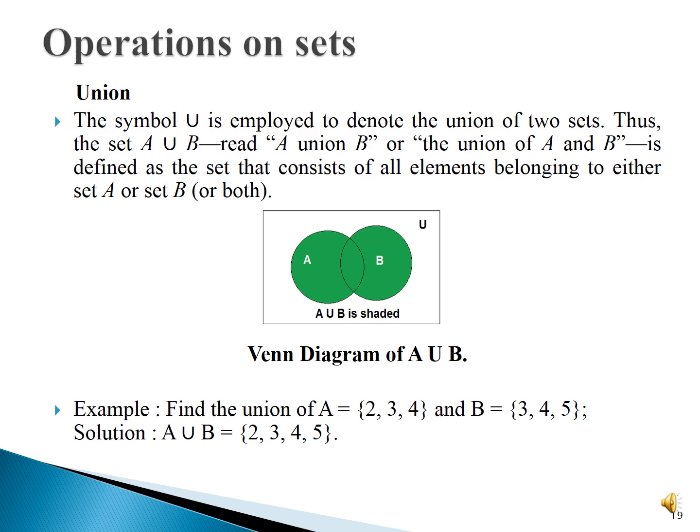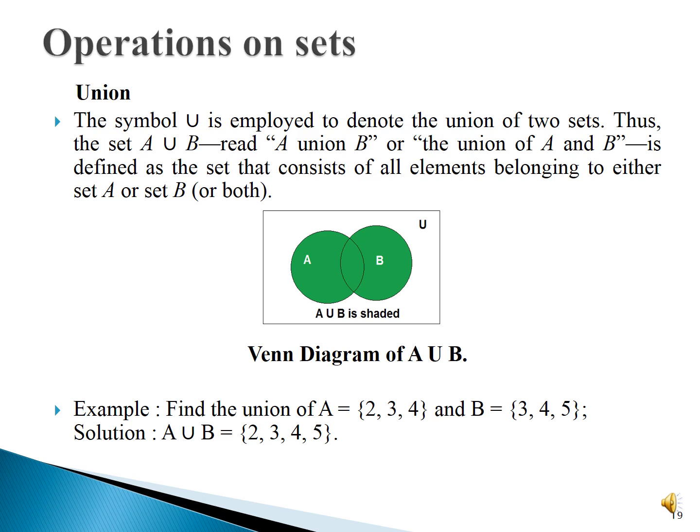As the definition says, it contains all the elements belonging to either set A or set B. We know that A contains 2, 3, 4, and 3 and 4 are also contained in set B. Only the element 5 is different. So A union B will contain 2, 3, 4, 5.